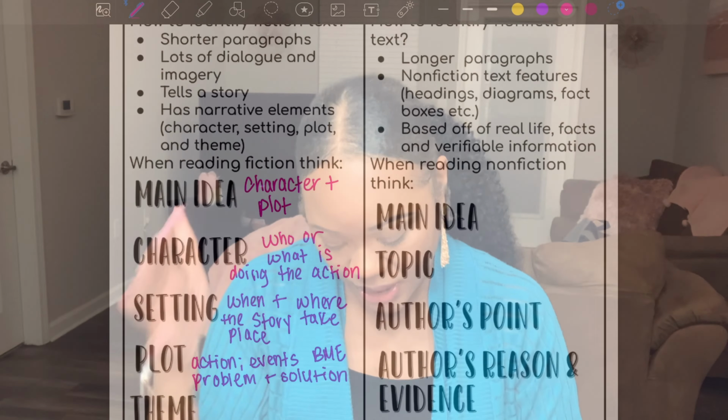This is mostly what we're thinking about as we're reading the text, right? What is happening? What's going on? I'm constantly asking myself these questions because reading is thinking. I am not going to just read a text and not understand what's happening, or not know what my characters are doing. I have to stop and think as I am reading.